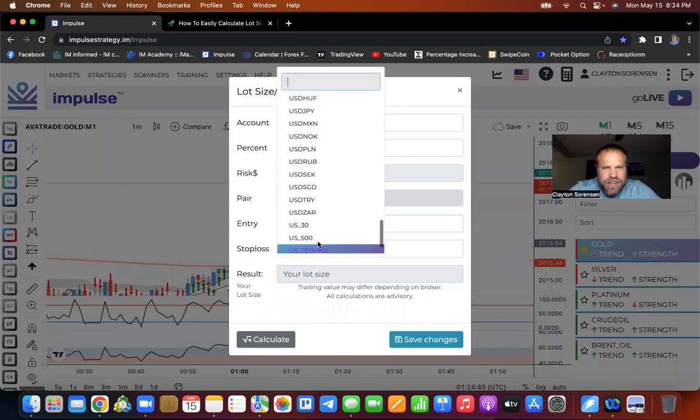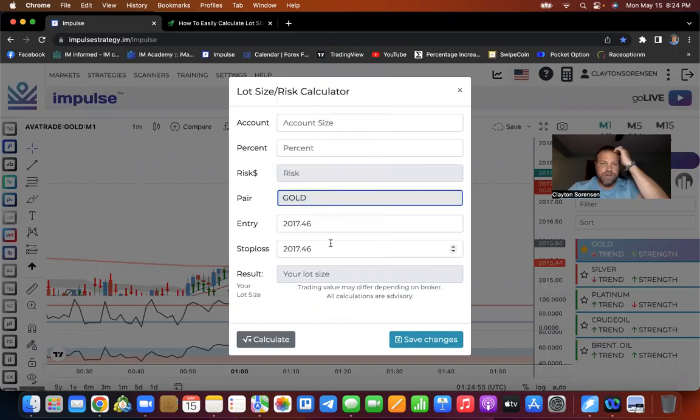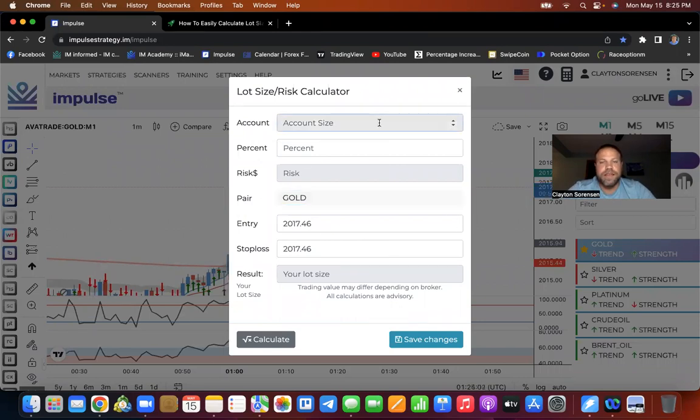Let's see, where's it at? Gold. You can definitely use this one if you want, it's going to give you about the same thing. But I think if you're using smaller account amounts, it won't figure it.